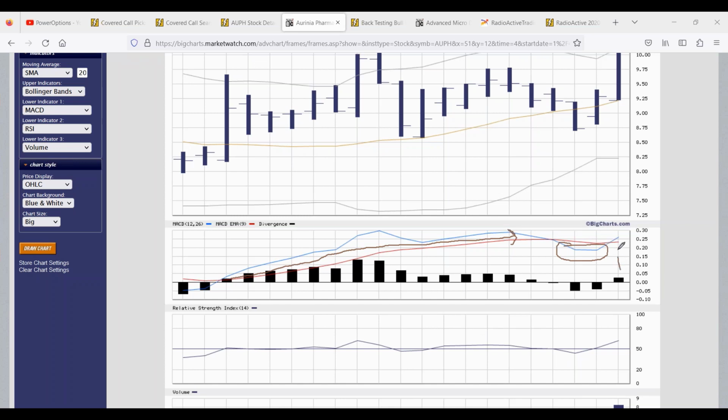So even though the 12-26 MACD and our EMA 9 red line is still above our divergence line and still positive, that's what the positive means, that it's above the divergence line, it's no longer 5 days above the signal line. That's why AUPH is not showing up in that search anymore.